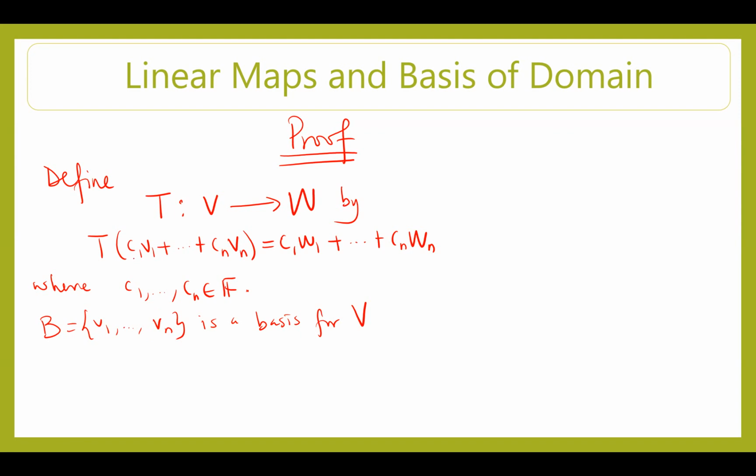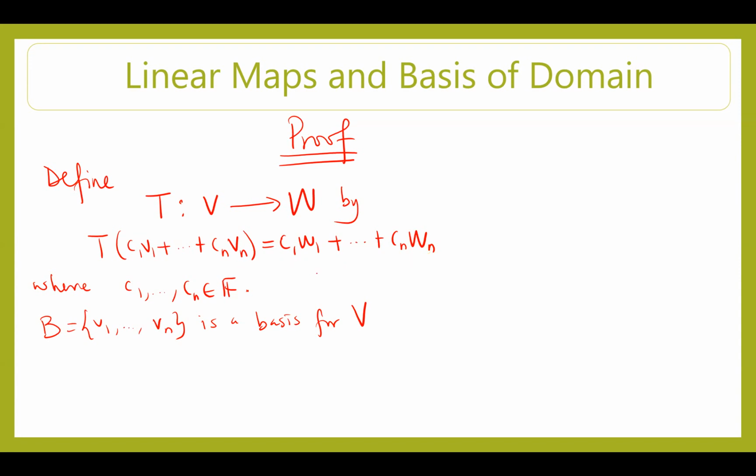So this guy here is an element from V. So I can take T of this guy to give me a linear combination of the vectors in W. Remember that W is a vector space.